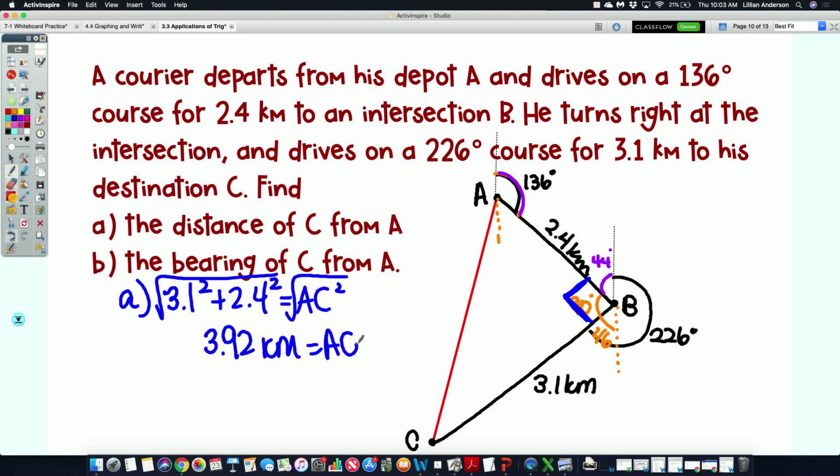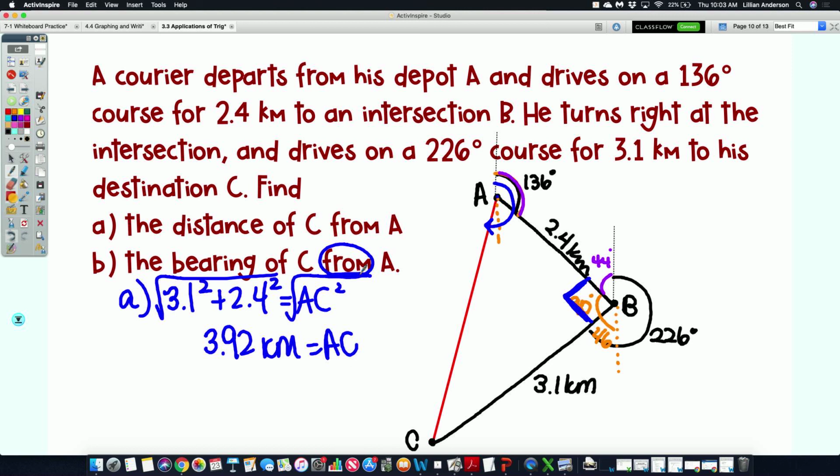Because it says of C from A, that means that if I started at A and I went directly to C, it's asking for that bearing. From A basically told you, if I'm coming from A and I wanted to go straight to C, what's the angle that he could have turned to go directly from A to C. So we need to figure out what this angle is to get our bearing.